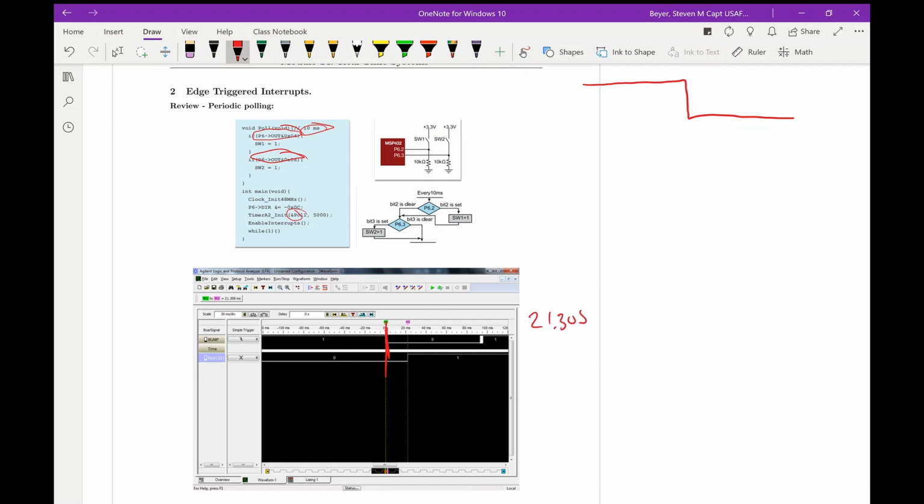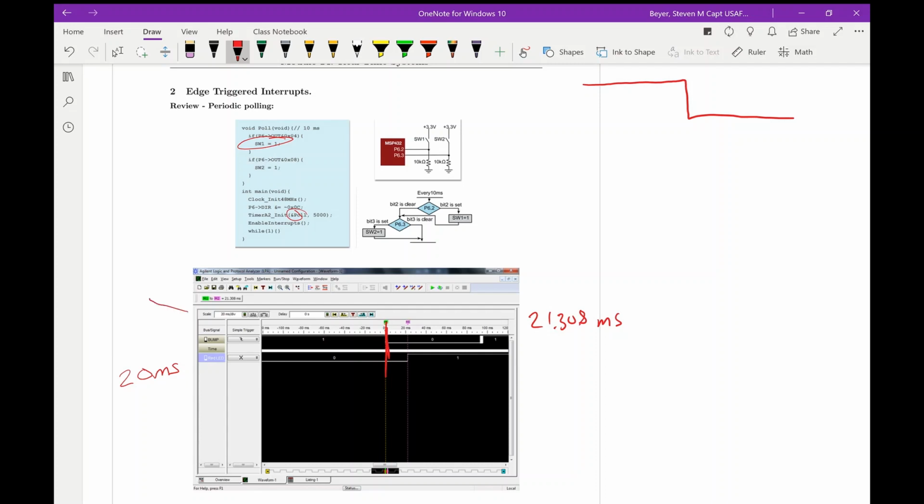So what we see is that a bump happens, and then 21.308 milliseconds later, we actually go through and, let's say, the LED gets turned on. This one must be running at about a 20 millisecond interrupt.